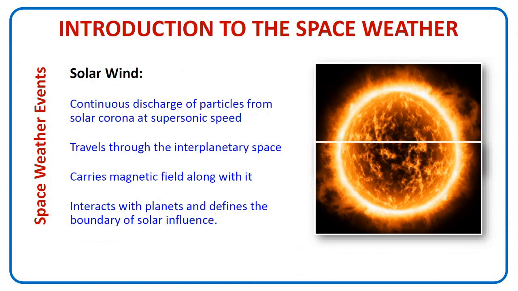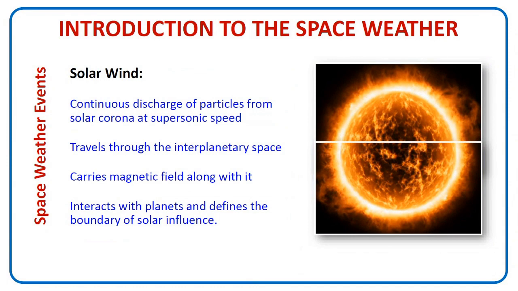The fast solar winds generally originate from the coronal holes, whereas the slower solar winds come out where there is a dense coronal plasma.